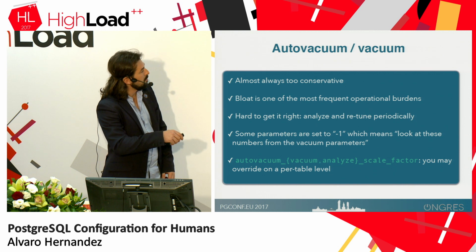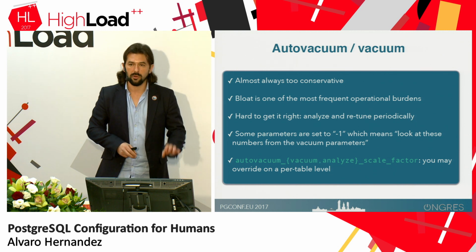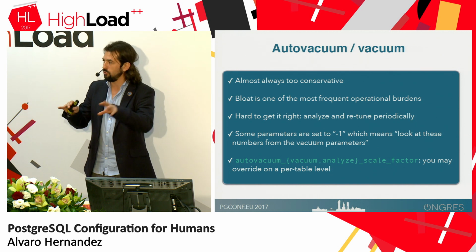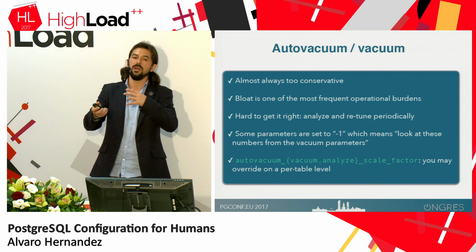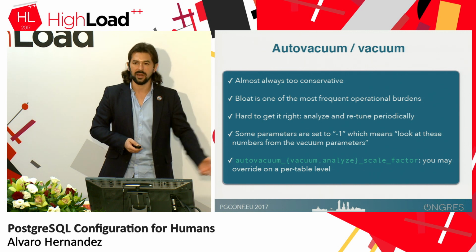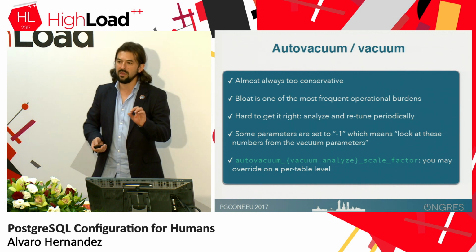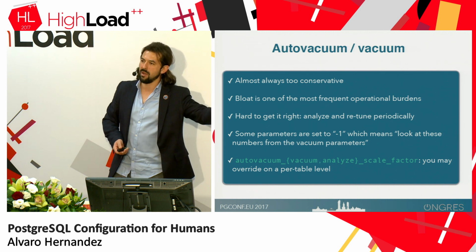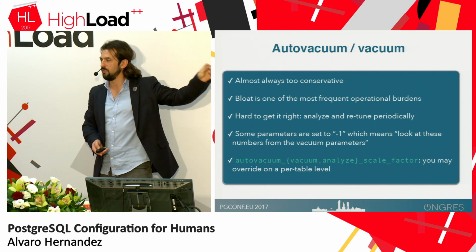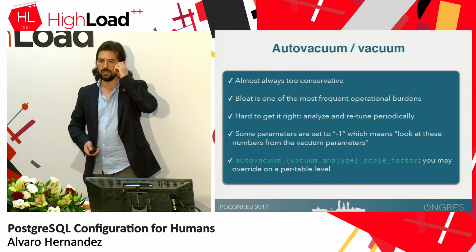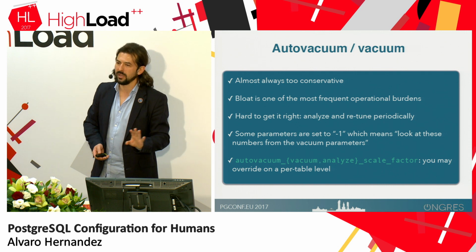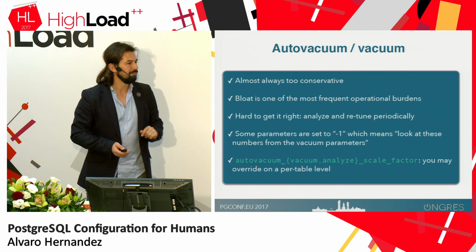Some notes: some of the parameters are set to -1 because Postgres distinguishes between vacuum, which is an operation you can run from the command line, and autovacuum, which is the one launched automatically. If on autovacuum parameters you see -1, this means look at the equivalent vacuum parameter, and you can tune them differently, vacuum from autovacuum. I haven't seen a lot of people doing that though, but at least you can do it.